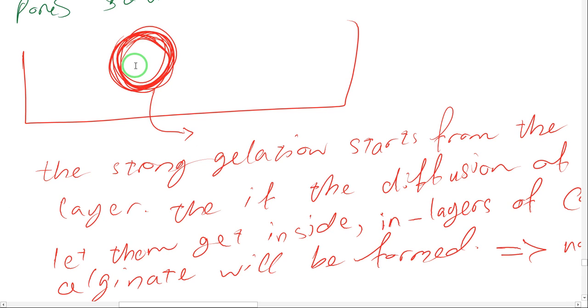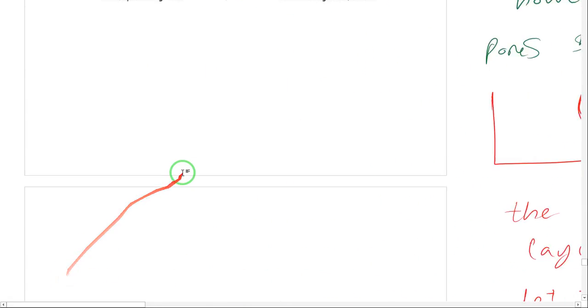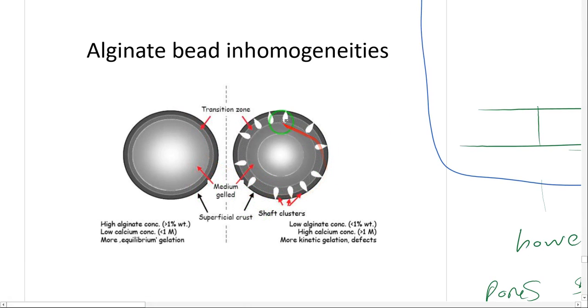But this is the problem: the diffusion of the calcium will decrease, so we will get pores which are homogeneous at the outer shell, but the more we go inside, the less the self-assembly of the polysaccharides will happen. So overall our material is going to be inhomogeneous, so the alginate bead is going to have inhomogeneities inside.